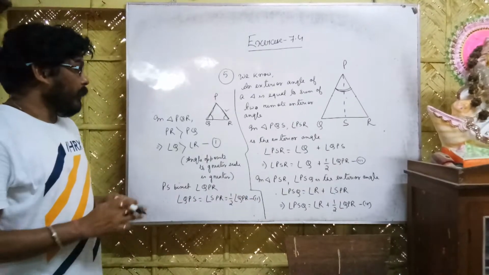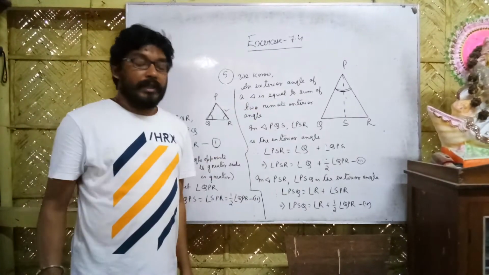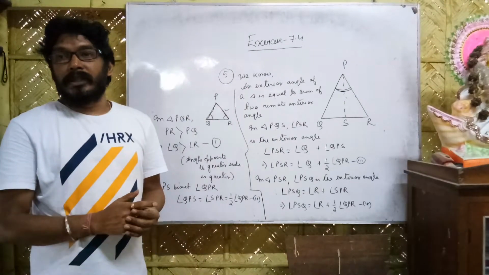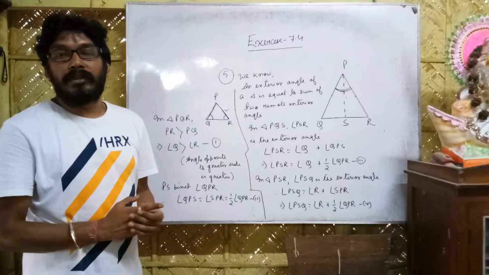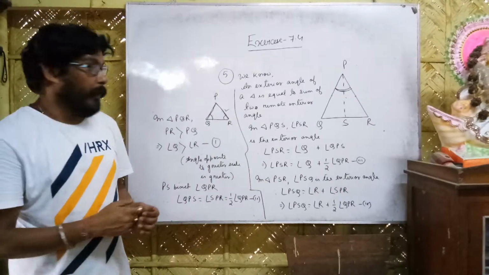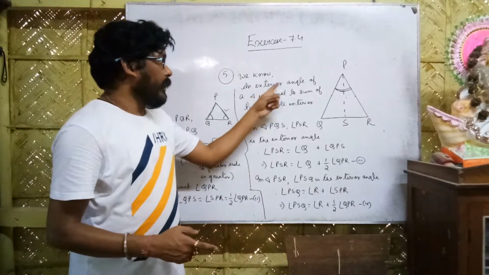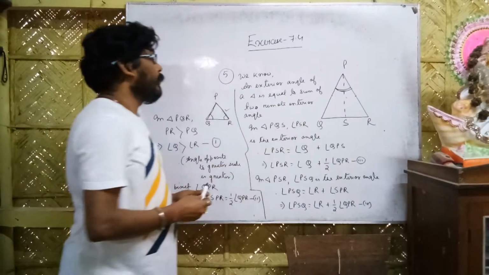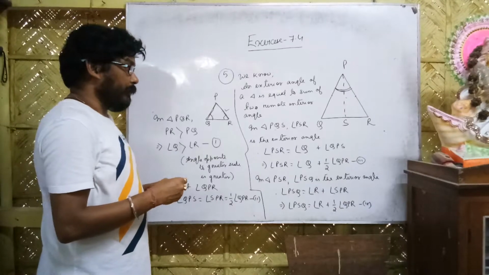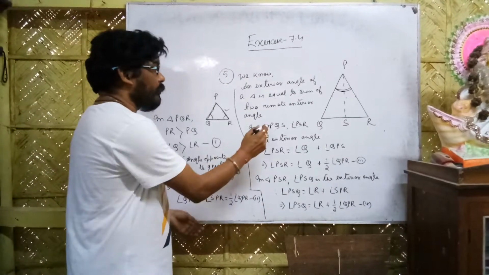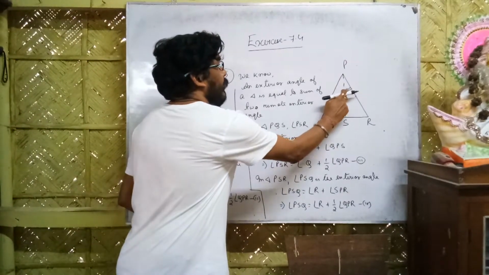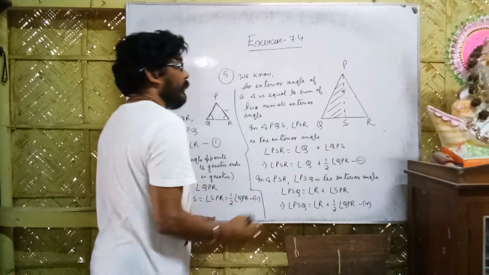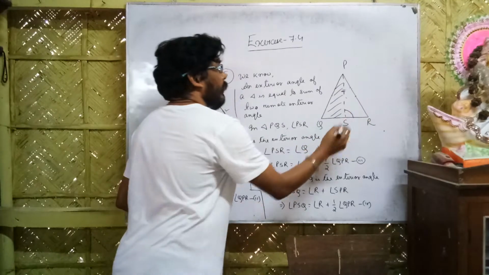Equation 2. Now, in chapter 6 we got a theorem that an exterior angle of a triangle is equal to the sum of the two remote interior angles. Remote means the far one. So if we come to triangle PQS, this is the exterior angle PSR.